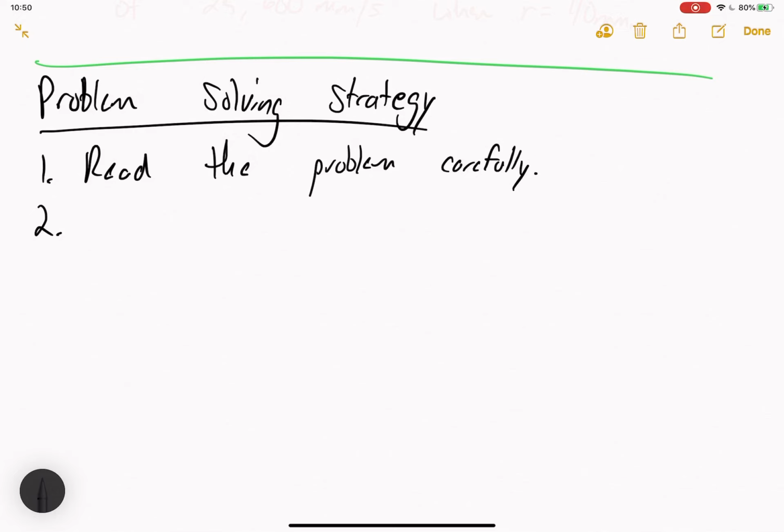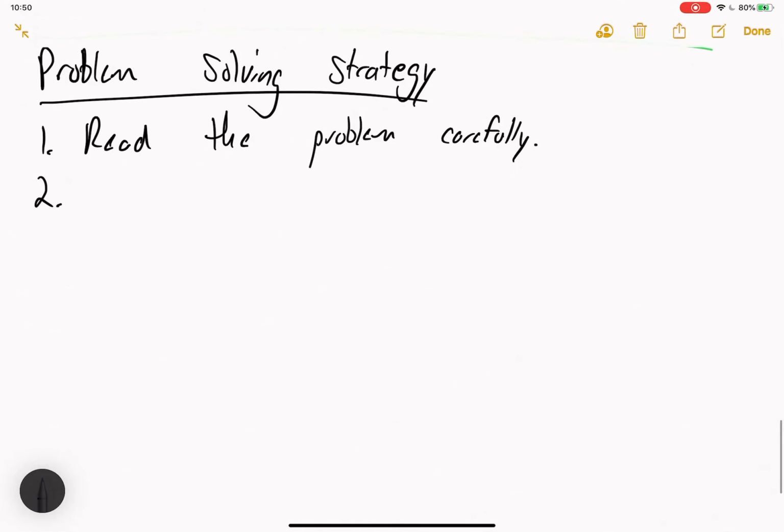You want to understand the problem in a way that tells you exactly what's happening. Because in math, we don't add extra words, we don't add anything less than what you need, you add exactly what you need. So you have to make sure you understand what exactly the problem is saying.